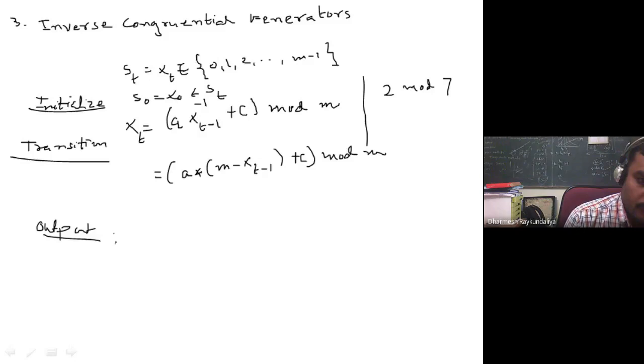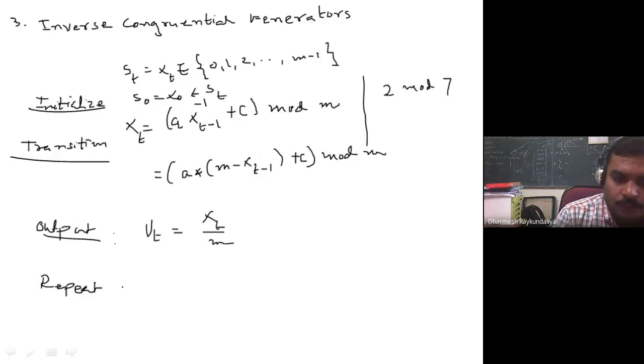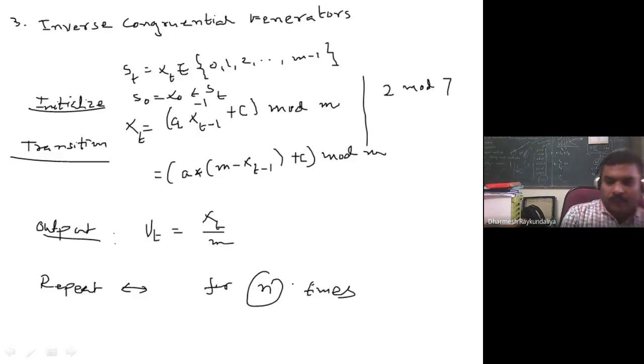Output is nothing but ut equal to xt upon m, and then repeat the transition and output for n times, because we wish to generate n random numbers.